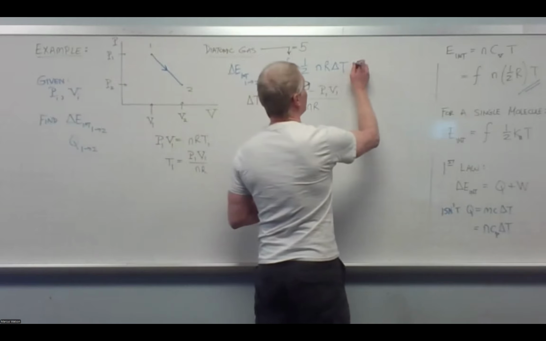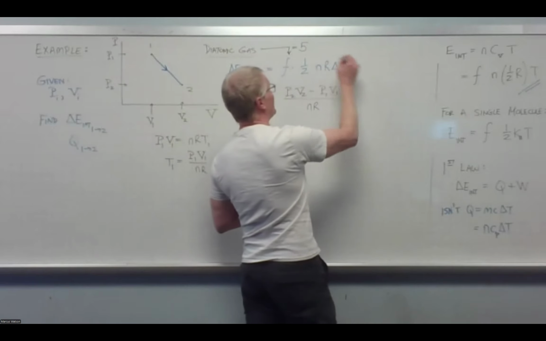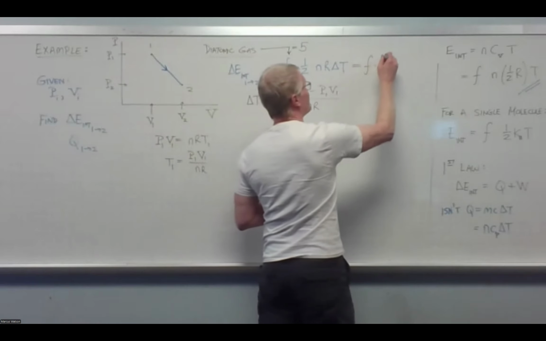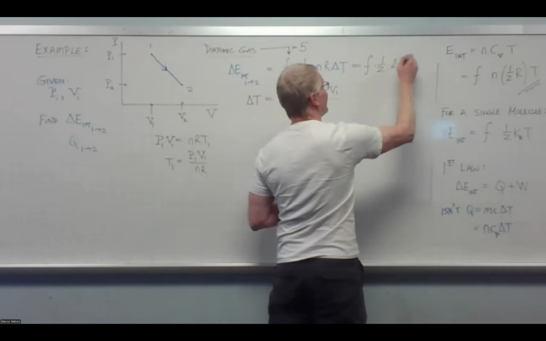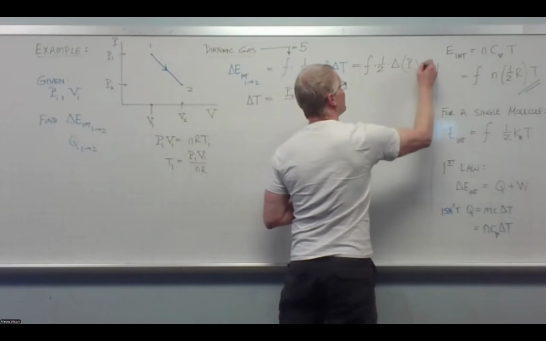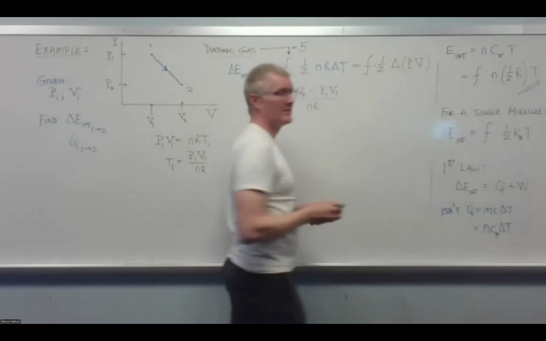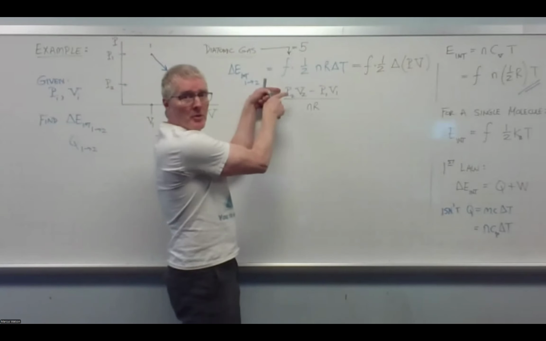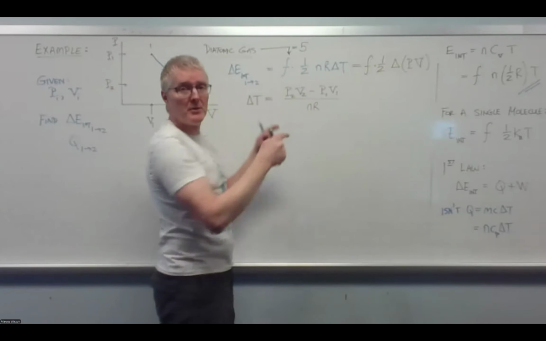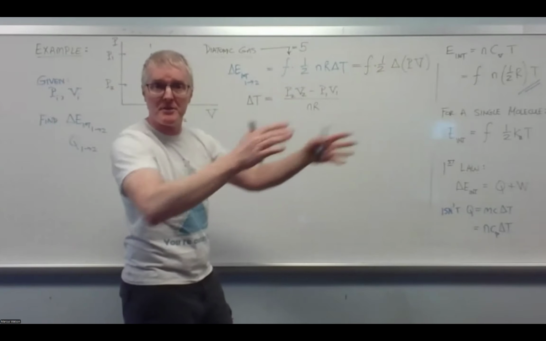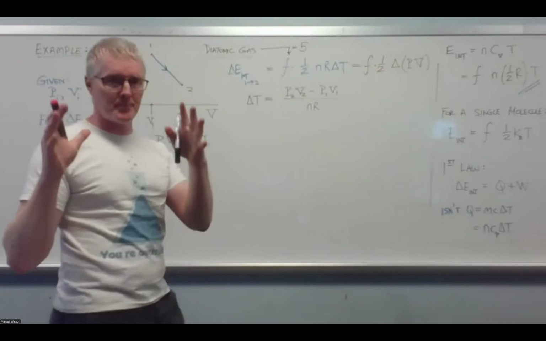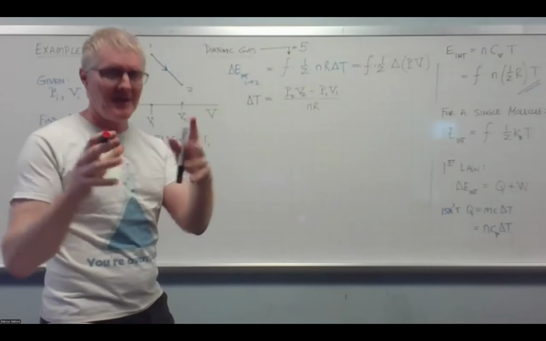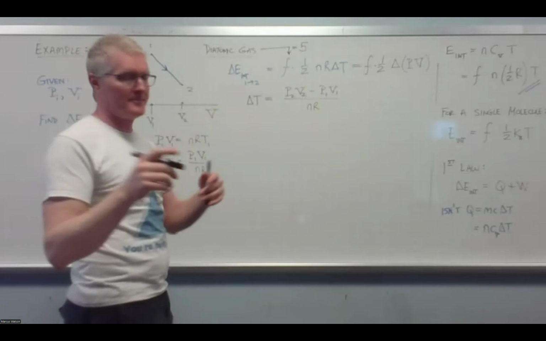So that means this thing here is equal to F times 1/2 delta of the product PV. What does that mean? It means the numerator right here, P2 V2 minus P1 V1. You have to product it and then do the difference. Okay.